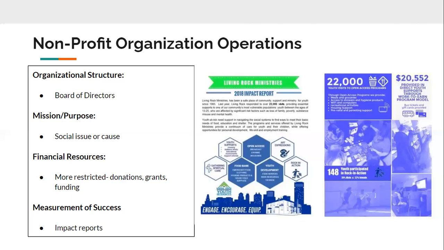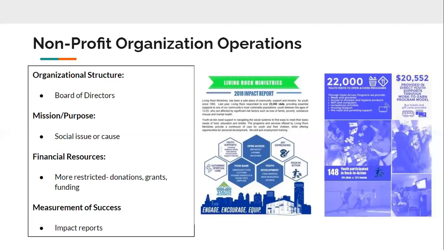These reports could include, for a housing society, how many people they got off the streets and into housing, how long that housing's lasted, anything like that. That does become challenging because we are used to measuring success, usually in a numerical value like a balance sheet or an income statement. So an impact report can be quite a bit of a different measurement of success.